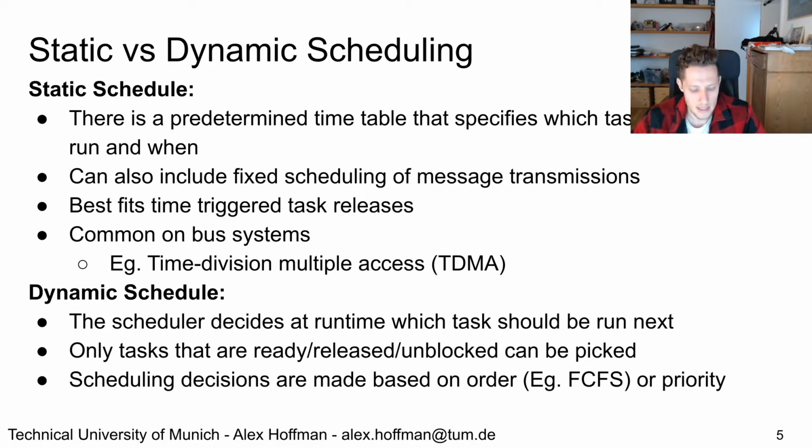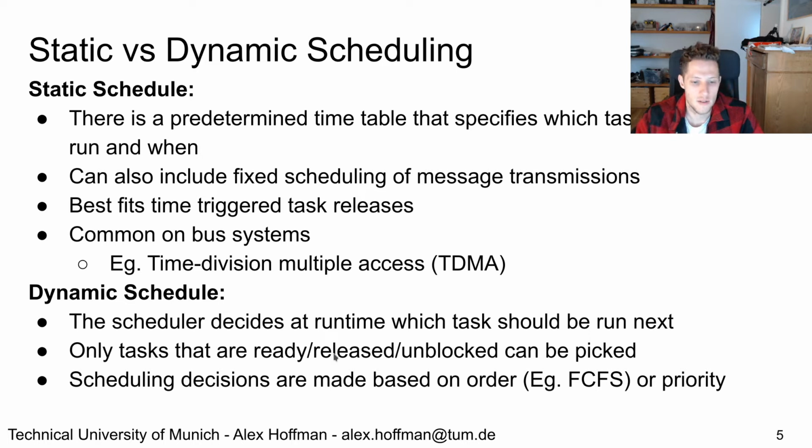And so these more flexible systems would use a scheduling known as dynamic scheduling. What this means is that during runtime, meaning while the system is running, the scheduler is on the fly determining which task should be run next. You set up the system's code such that you just set the tasks into there.